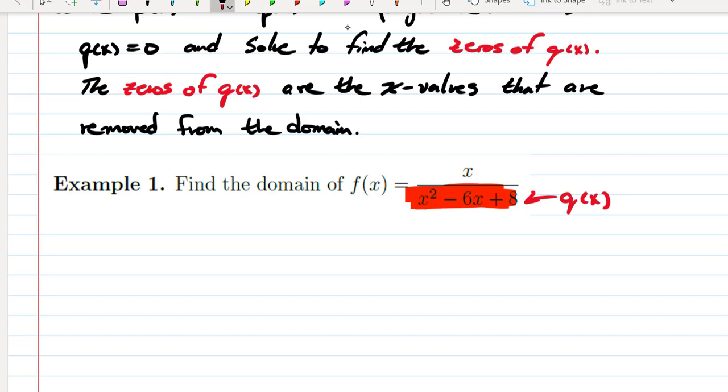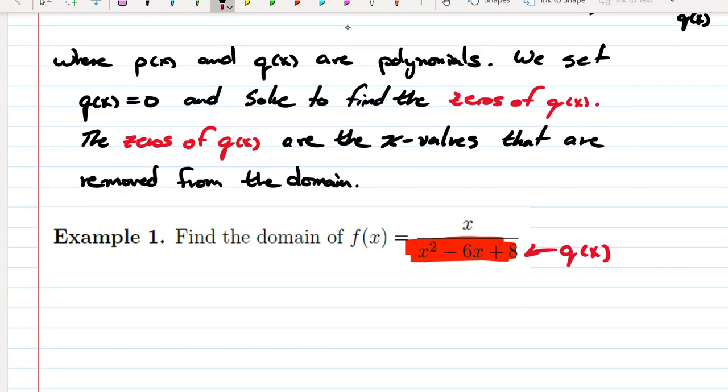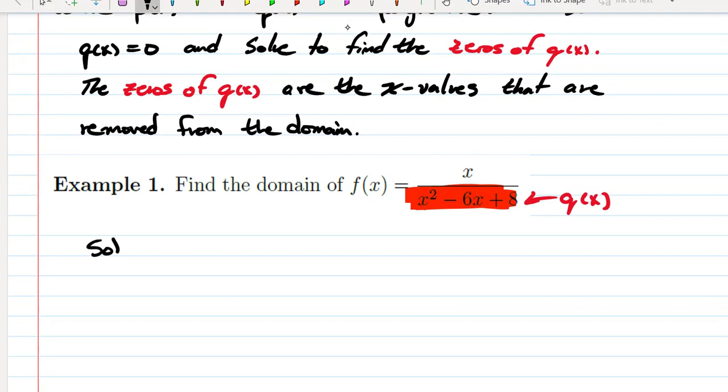And to find the domain, we need to set q of x equal to 0 and solve to find its zeros. So we're going to solve x squared minus 6x plus 8 is equal to 0. So we need to solve this equation.